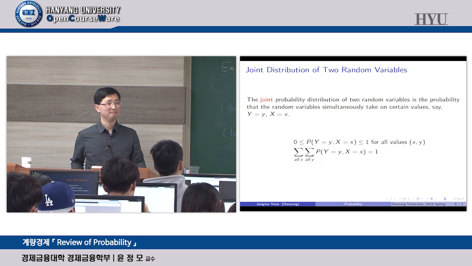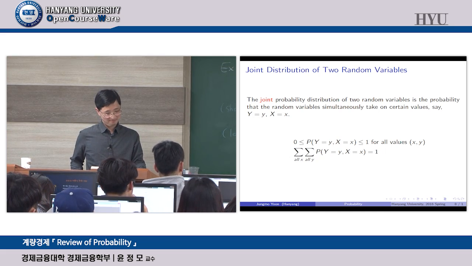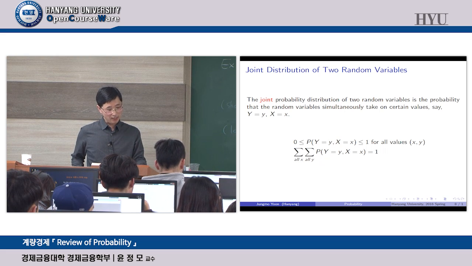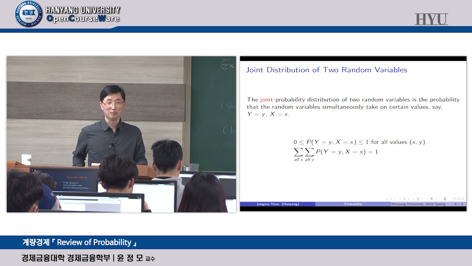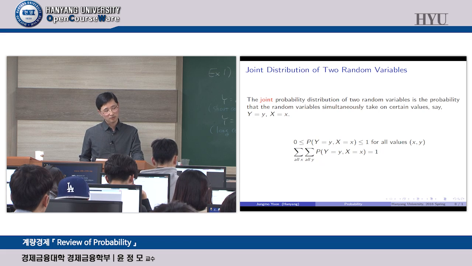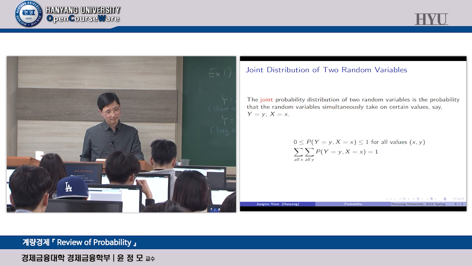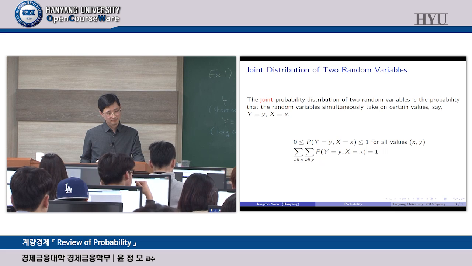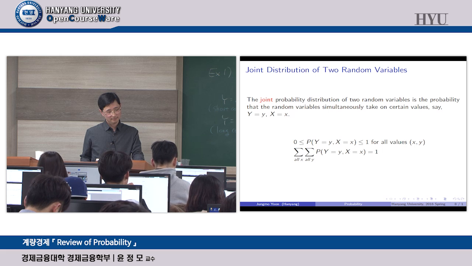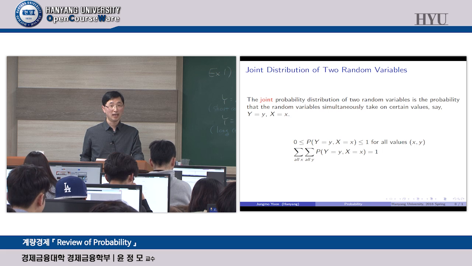Anybody who wants to try? So he says it's the probability that it's raining, but you have a short commute. Do you agree? How about the second one? The probability of x gets 0 and y gets 1. So it's the probability that I have a long commute on a rainy day.